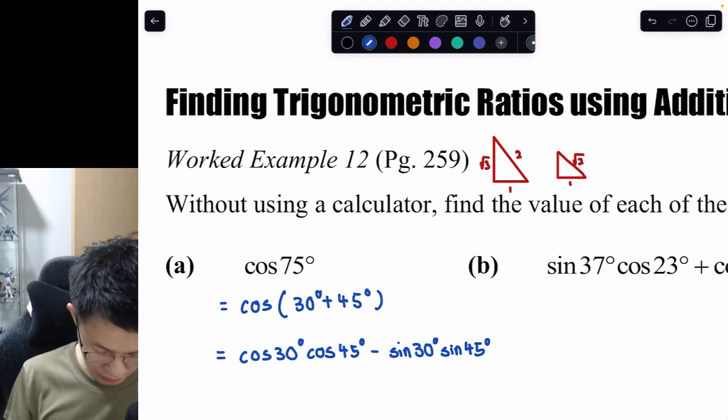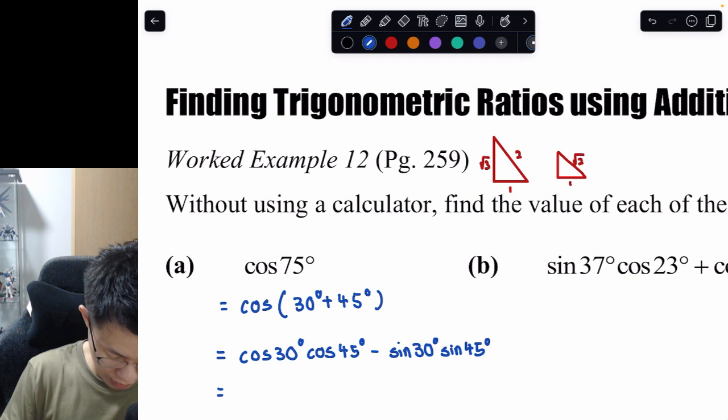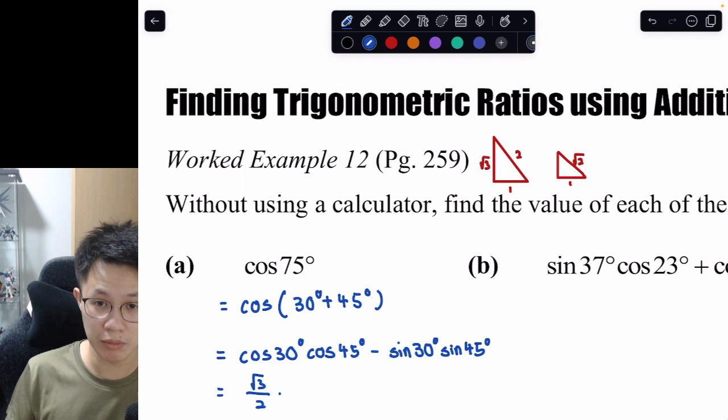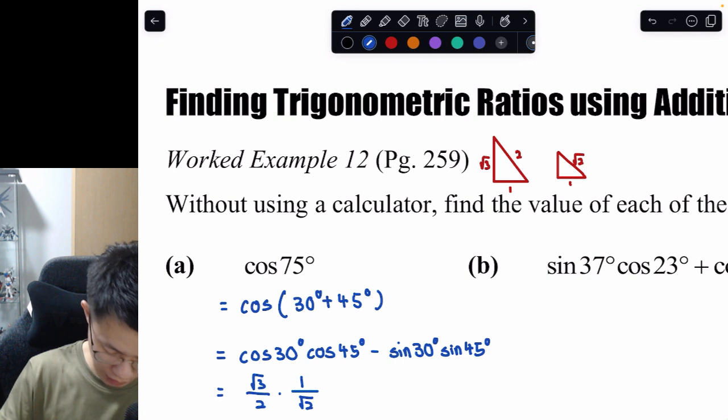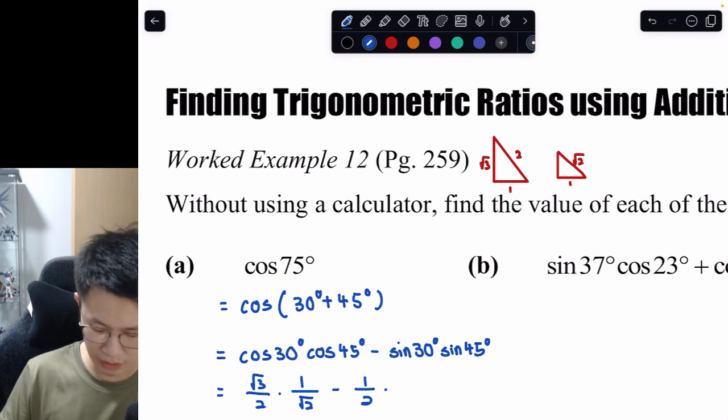So cosine of 30 degrees would be square root 3 over 2. Cosine 45 degrees would then be 1 over square root 2. Sine 30 degrees would be 1 over 2, times, in this case, sine 45 degrees, which is also 1 over square root 2.